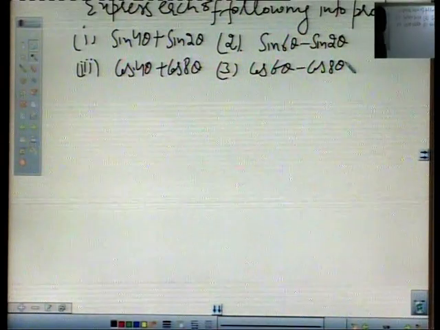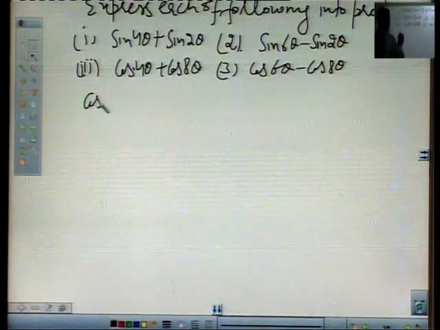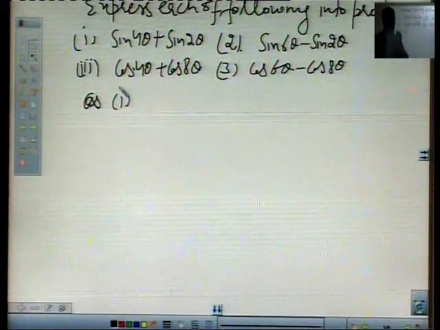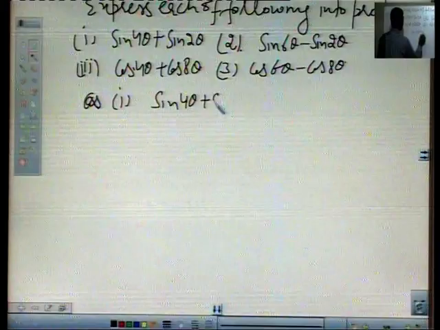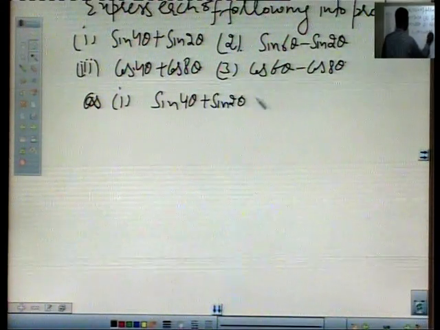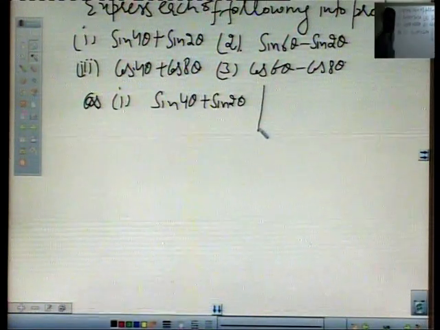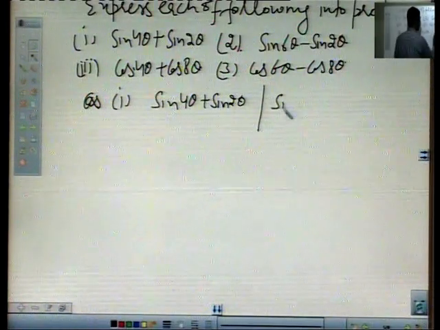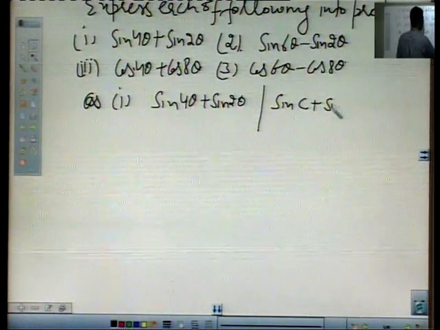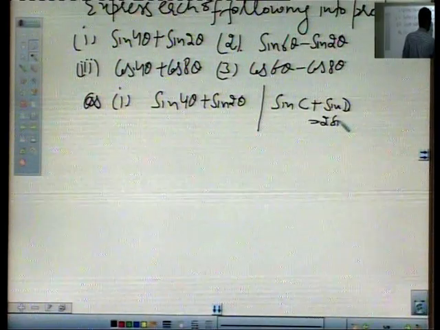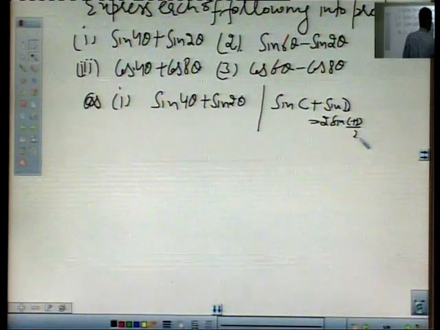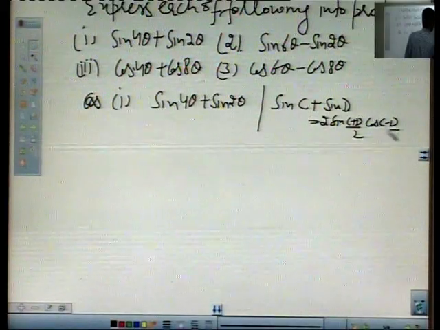Let's try first part. First part, sine of 4 theta plus sine of 2 theta. Now this is of the form sine C plus sine D. Now you know this is 2 sine C plus D by 2 cos C minus D by 2.